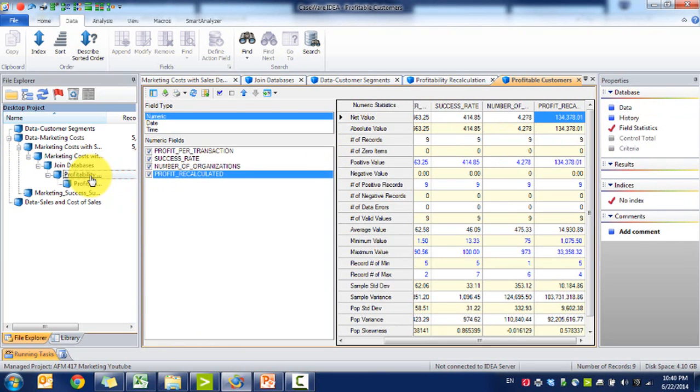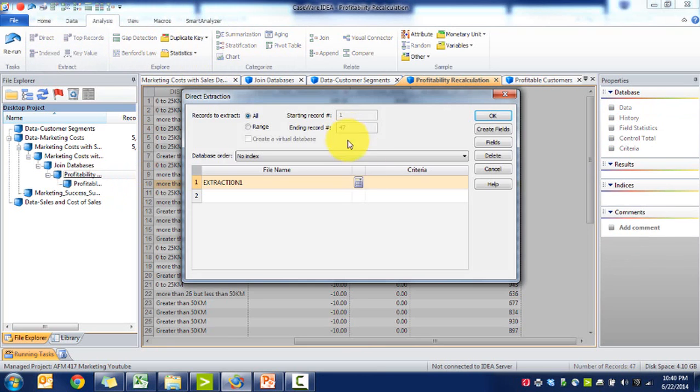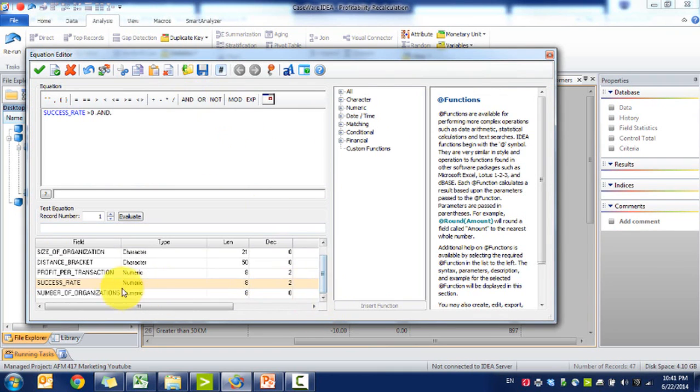And then what we could also do, and this is not really a requirement, is go successful but unprofitable customers. That's going to be where the success rate is greater than 0 and the profit per transaction is less than 0.